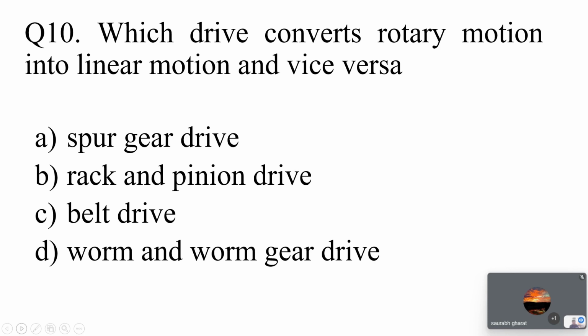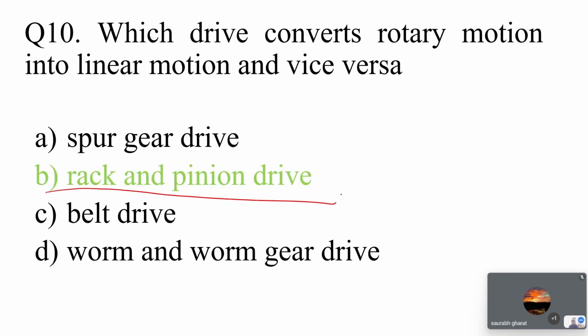If you go from the literature or the slides, you might get the answer: rack and pinion. Rack and pinion can convert rotary into linear motion and linear into rotary. That's why it is used in steering mechanisms. So rack and pinion drive is the correct answer.